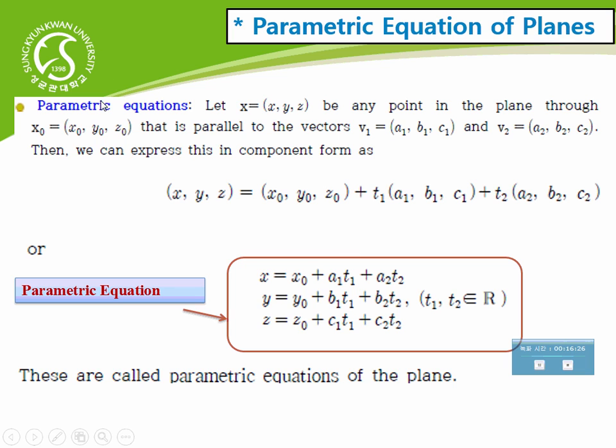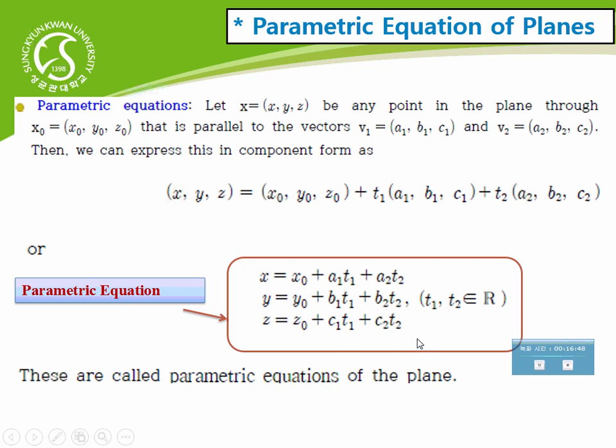And the parametric equation of that plane. Suppose we have a vector equation like this, then the parametric equation is: x is equal to x naught plus a1 t1 plus a2 t2, y is equal to y0 plus b1 t1 plus b2 t2, z is equal to z naught plus c1 t1 plus c2 t2.